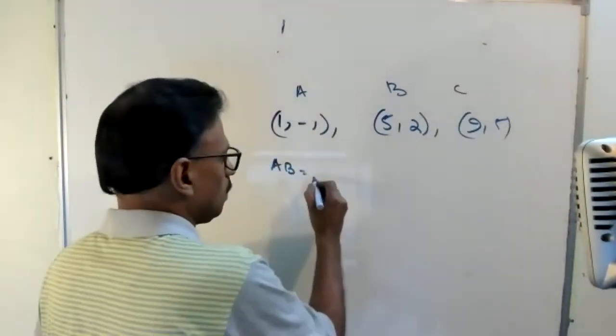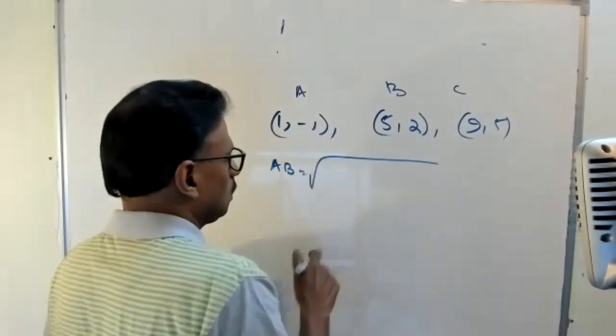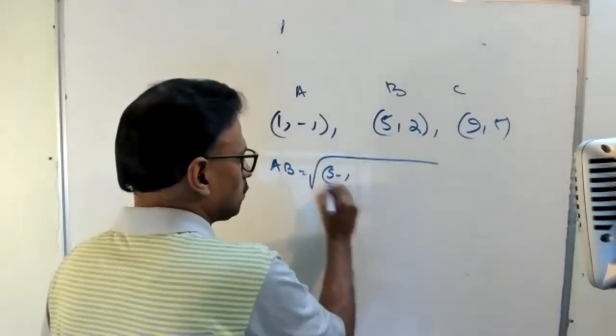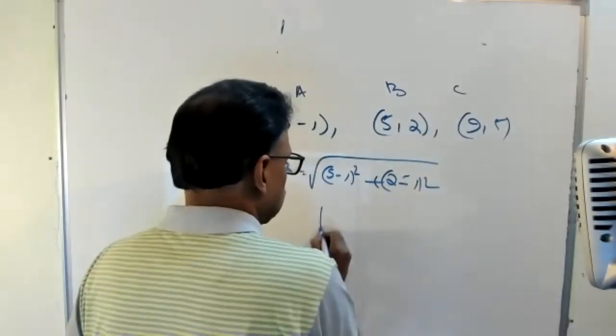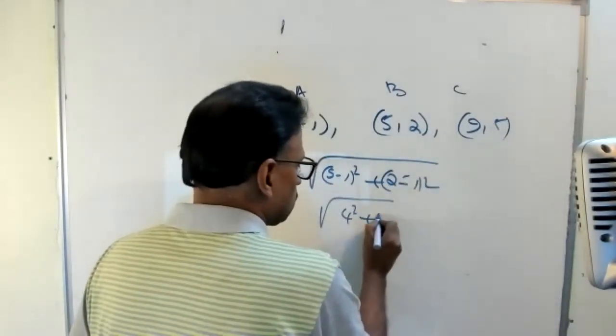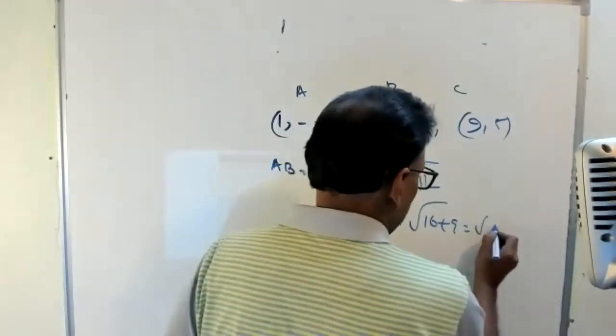Okay, AB is root of (5 minus 1) whole square plus (2 minus 1) whole square. That is 4 square plus 3 square, 16 plus 9 equal to 5.